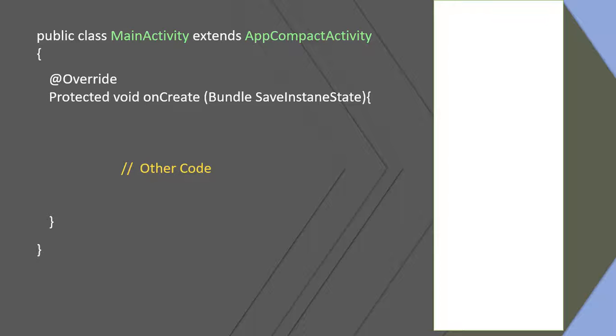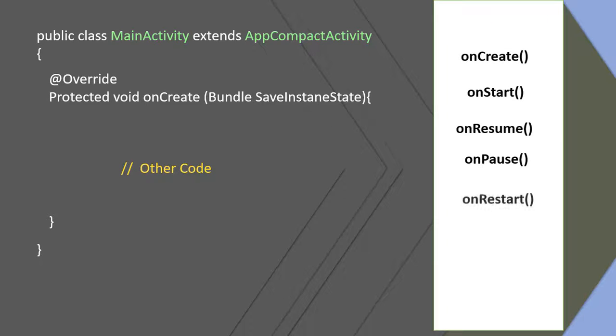The first is onCreate, then onStart, onResume, onPause, onRestart, onStop, and the last method is onDestroy. All these methods are part of the activity lifecycle and are known as activity lifecycle methods.